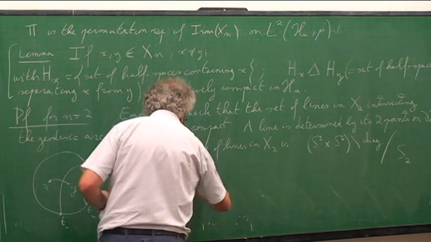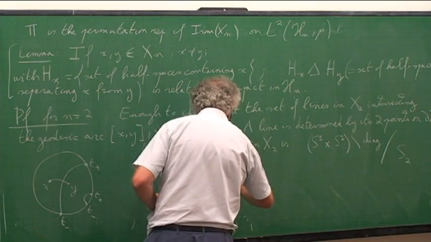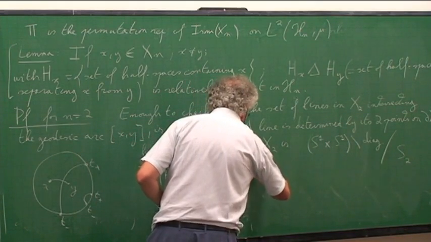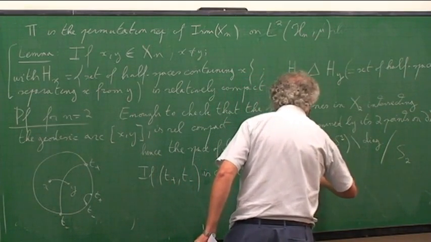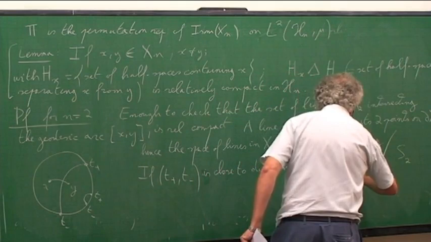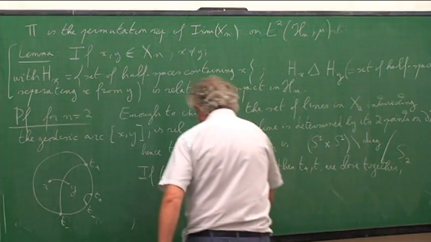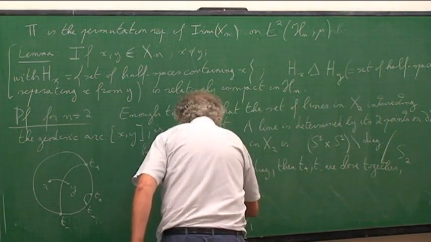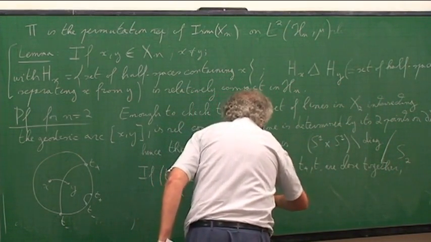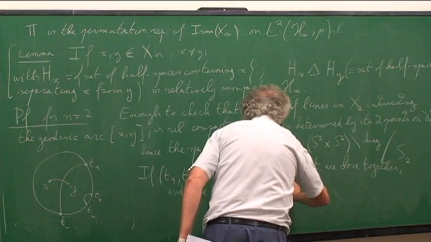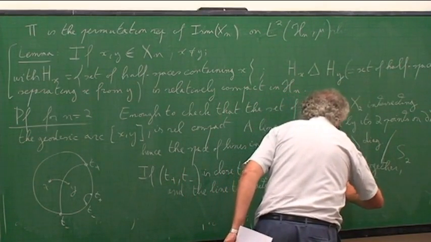So if T plus T minus is close to the diagonal, then T plus T minus are close together, and the line that they determine will not intersect.